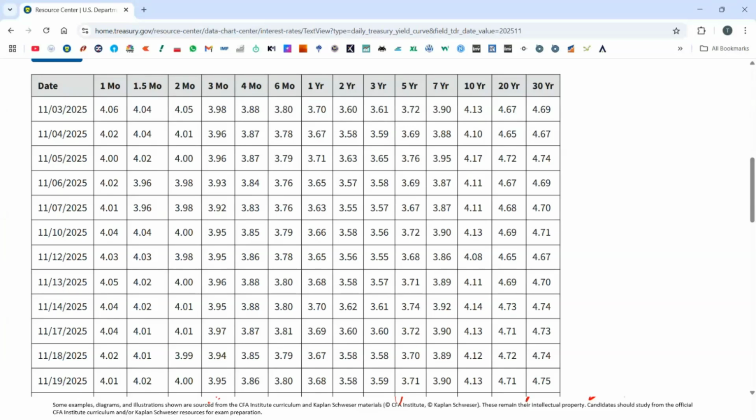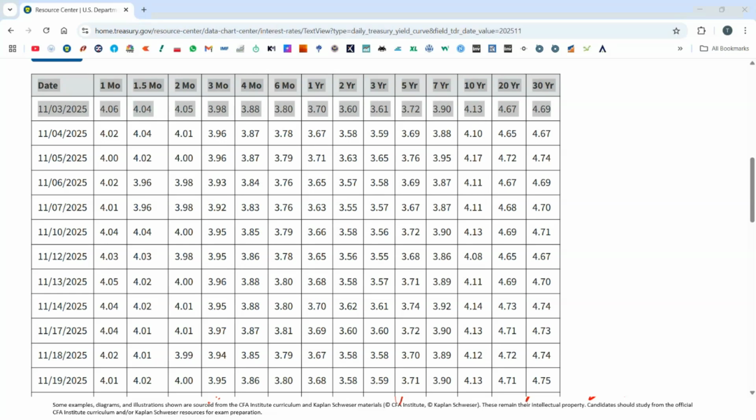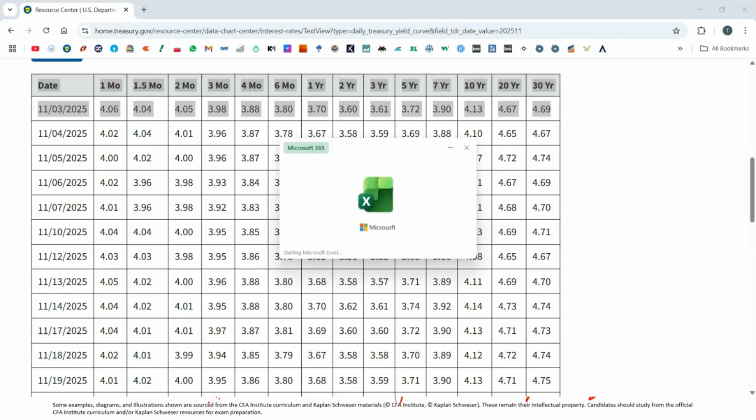And if I simply pick the first date and copy this, and if you model it in Excel, the curve that you are going to see is called your bond yield curve. So every time I say a bond yield curve or a benchmark yield curve, government bonds are considered benchmark.